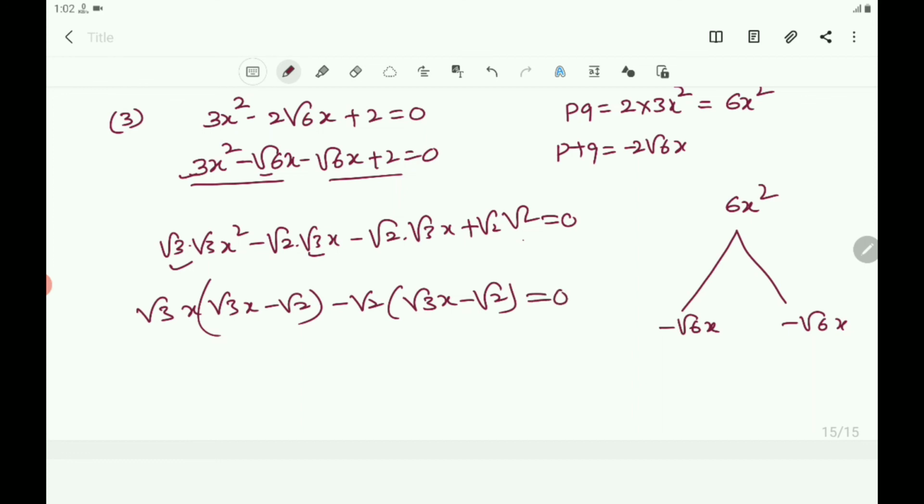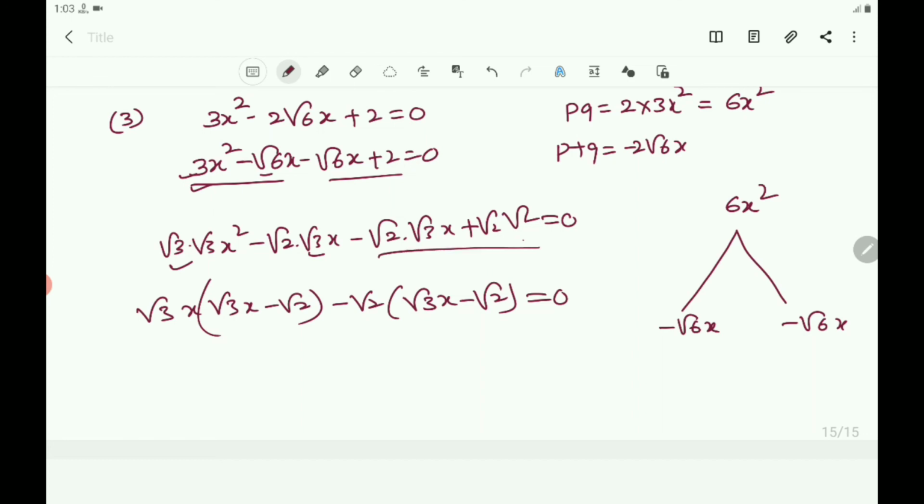Here it is difficult to get the factors of 3 and root 6 and 2, so you split according to your convenience. 3 can be split as root 3 into root 3. Root 6 can be split as root 2 into root 3. Then you can remove root 3 as a common. In x square and x, x is common. So you can remove root 3x as a common. In the bracket root 3x minus root 2.